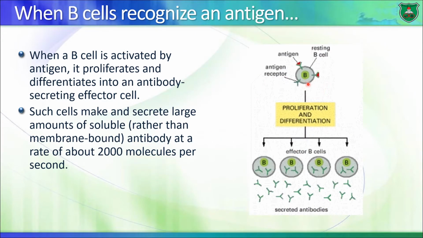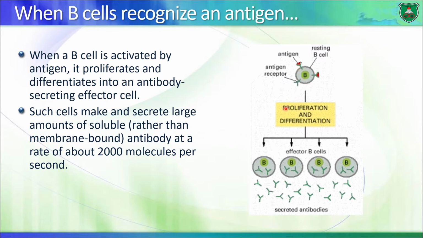So these B cells, before being activated or before they bind to antigens, have these antibodies, immunoglobulins, on the cell surface. A certain antigen would bind to the antibody on the cell surface, and the cell that has the antigen bound to it gets activated.